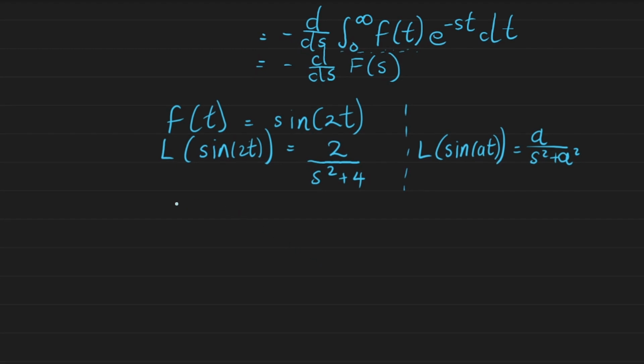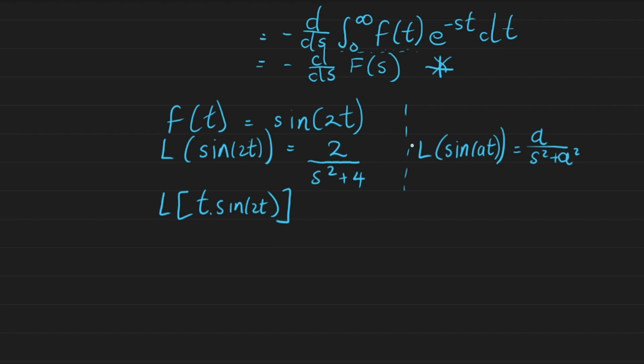Now if I wanted to find the Laplace transform of not sine 2t, but sine 2t multiplied by t, then according to what I just derived, I just need to take the derivative of this.